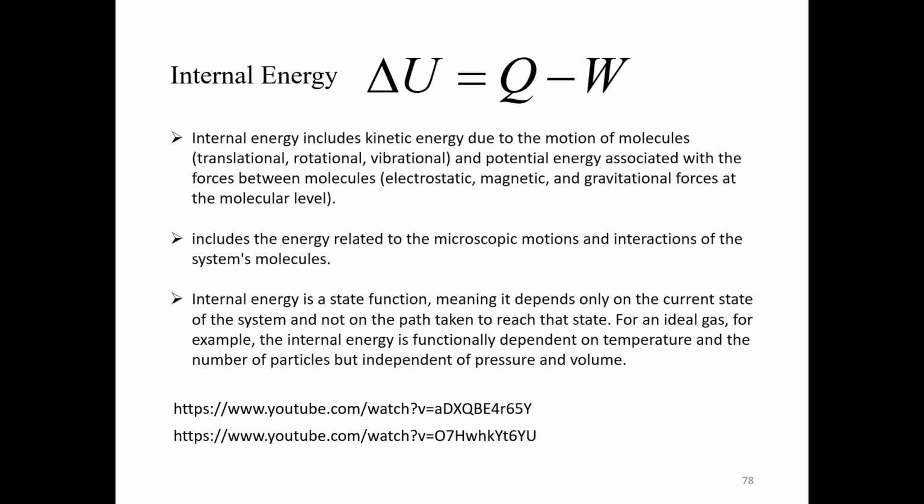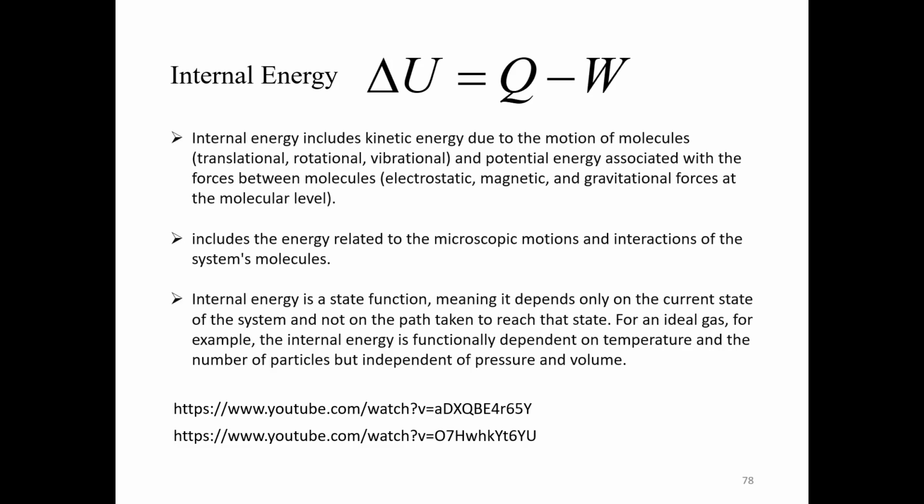There can be electrostatic, magnetic and gravitational forces, all the potential energy and all the kinetic energy. The summation we normally refer to as the internal energy, right? It includes the energy related to the microscopic motion and interaction of the system's molecules.